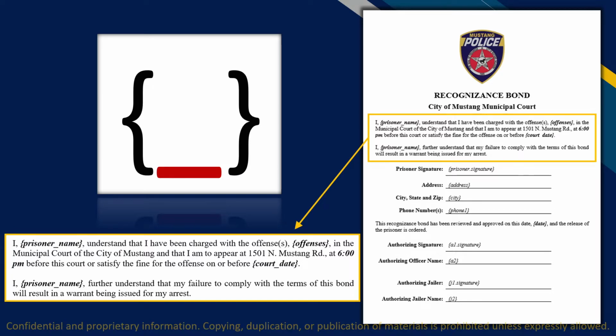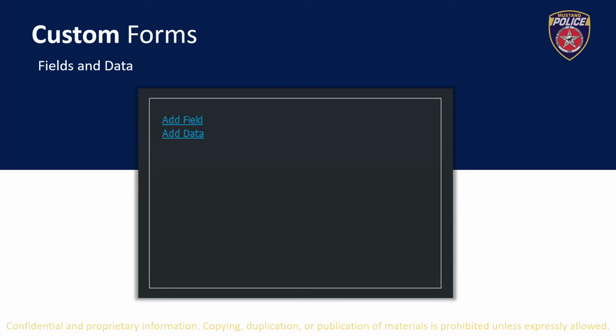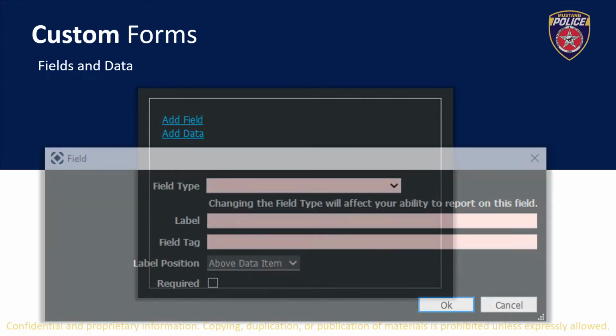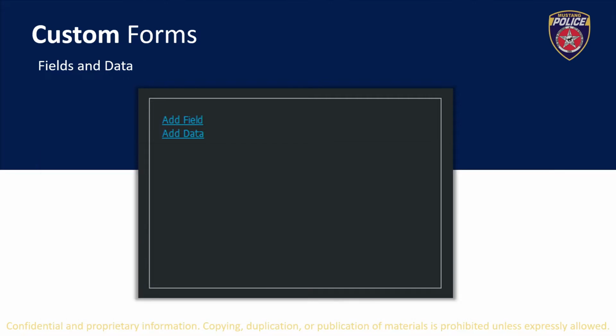And there's going to be multiple options for filling those tags coming up. But before we get into that, there's going to be two options on here. So whenever you make a custom form, think about this. There's two things, fields and data. Your field is going to be any kind of question or any kind of challenge that you have for your officers or users to fill out. Fields are going to be yes/no questions, custom drop downs, date, time, anything that could fill into that.